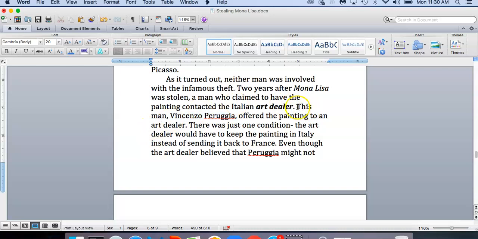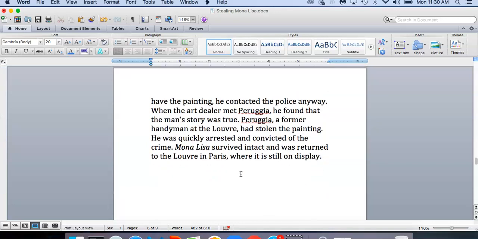Well, first he contacted an Italian art dealer, because he was trying to sell the painting. So he has the painting. And then he was also a handyman at the Louvre. So that's the reason he got really close to the painting and was able to touch it and then steal it, because he worked at the Louvre before. And what happened to him? He was arrested and convicted of the crime. So, that is the story.